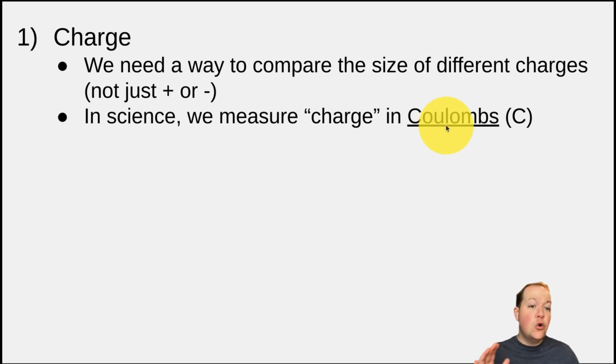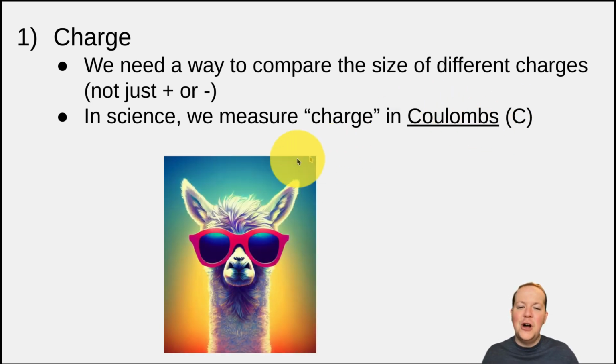You don't have to write out coulombs. We could just abbreviate that with uppercase letter C, just like instead of writing out kilograms, we could just write kg. I have kind of a silly way to remember coulombs. I found this picture online, and it's showing a really hip llama. Because of their glasses and this background image, I think of the 1970s. I'm pretty old, even just looking back at that. But team, I think of coulombs, and this image pops into my brain for two reasons. I said that this is a very hip looking image, but to be fair, people nowadays don't really say the word hip.